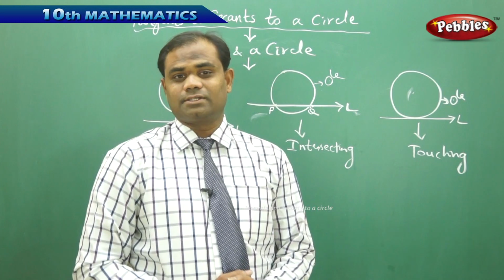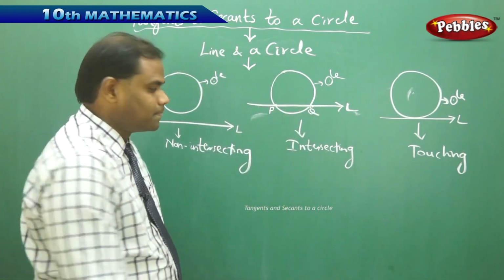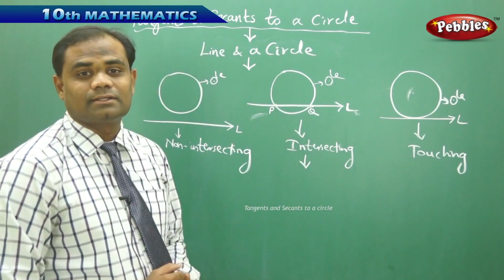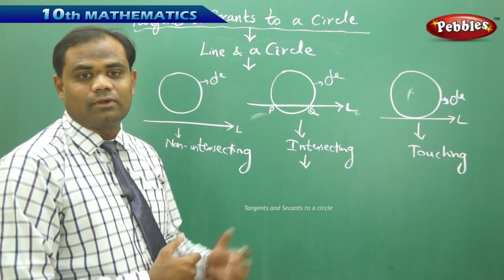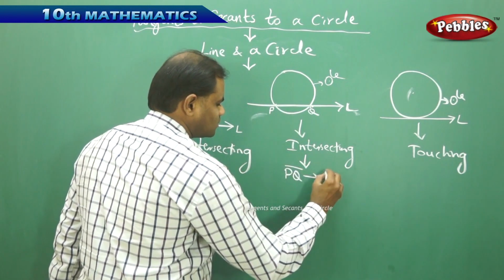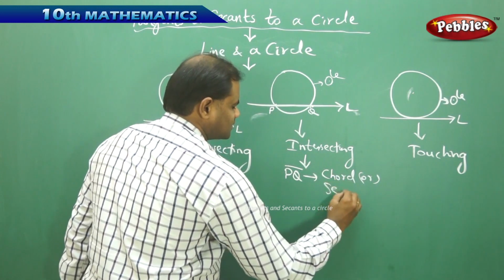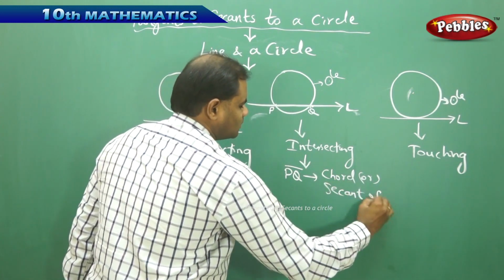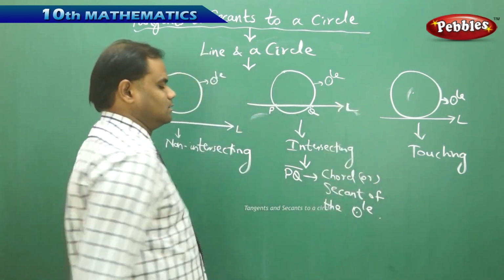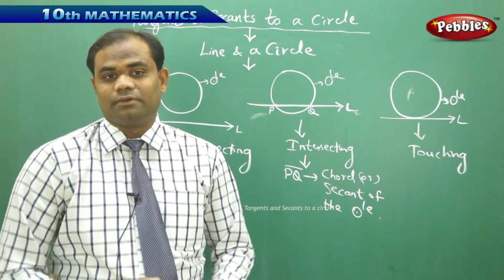So for an intersecting line, we have the chord or the secant for a given circle. So the line segment PQ is called the chord or secant of the given circle.